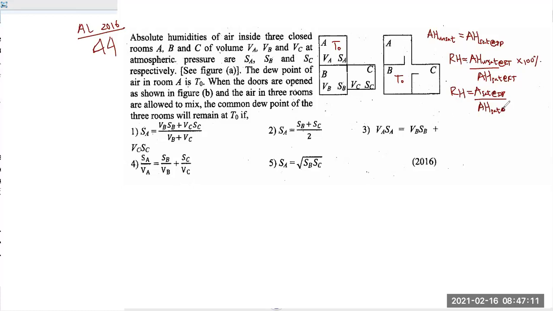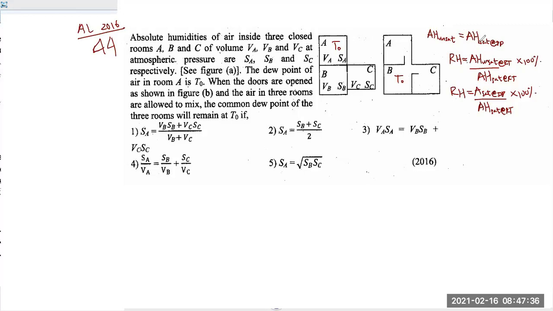Right. Now, if the dew point is same for room A when it was closed and the mixed air, the absolute humidity of saturated vapor at dew point is same. That means the absolute humidity of unsaturated vapor is also same. Hope you guys understood that. As long as the dew point doesn't change, this value does not change. Now, the absolute humidity of saturated vapor depends only on temperature.